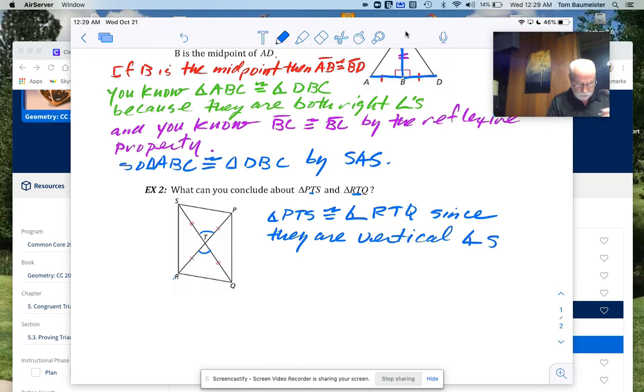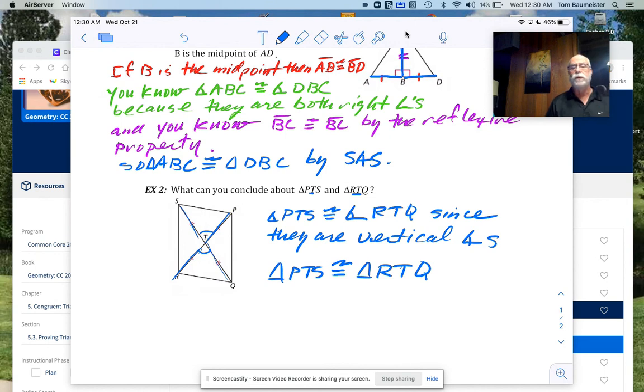But since we already know that PT is the same as RT, and TS is the same as TQ, we can just say that triangle PTS is congruent to triangle RTQ because we were given enough information. On the first one, I had to show you a couple of other things, but that was it, ladies and gentlemen. The homework should be pretty quick too.